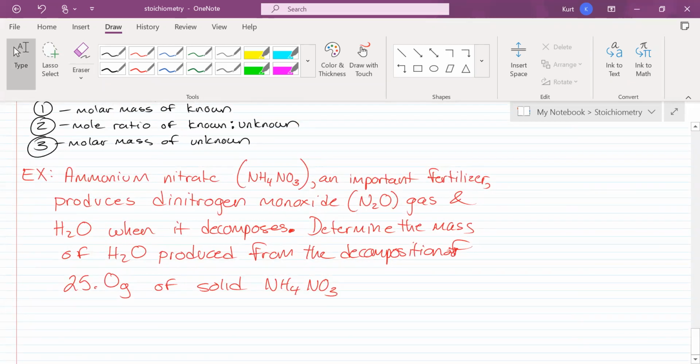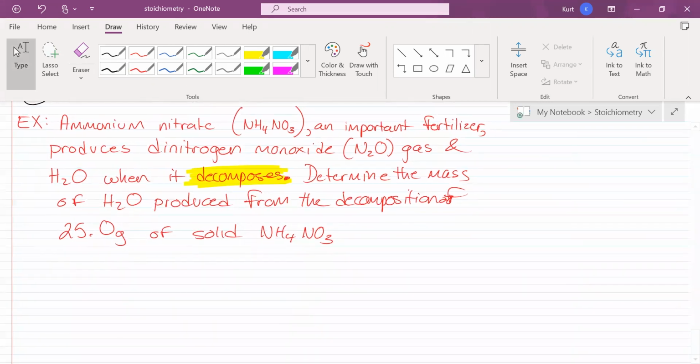So let me take off my chemistry hat and let me put on my reading hat. This is a big word. This is back in Unit 8. Can any of you tell me what are the reactant or reactants? Kevin? Ammonium nitrate. That's it. Just NH4NO3.